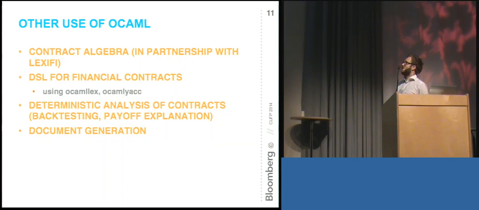We also now do a lot more applications trying to do more introspection about financial contracts and give a better idea of what they are and the risk involved. And for all of this, we're using OCaml as well. And document generation, we're also leveraging OCaml quite a lot.